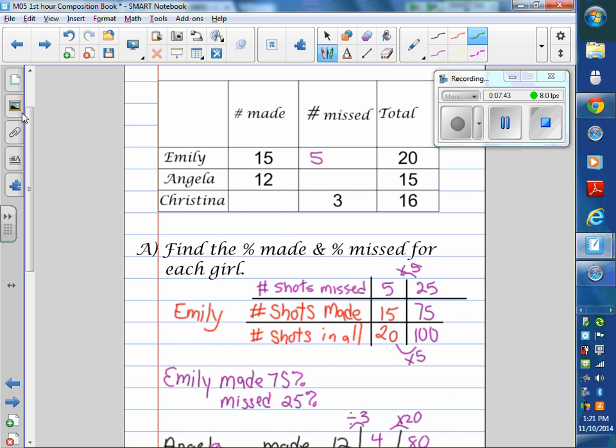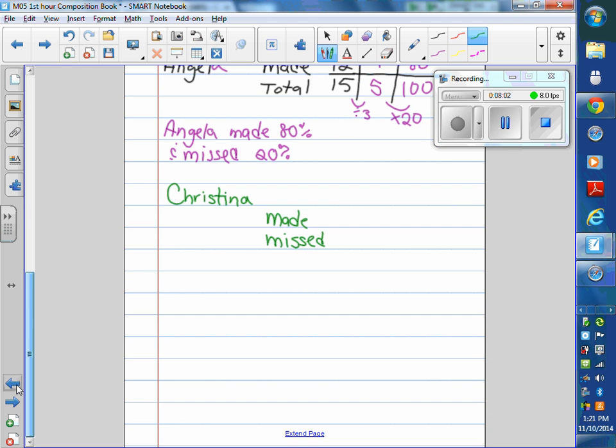Her total was 15, so she missed 3. So how many did she make? 13. Okay. So she made 13, missed 3. What's her total? 16. Okay. So this is trickier.